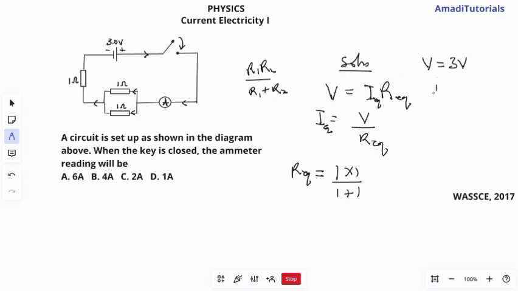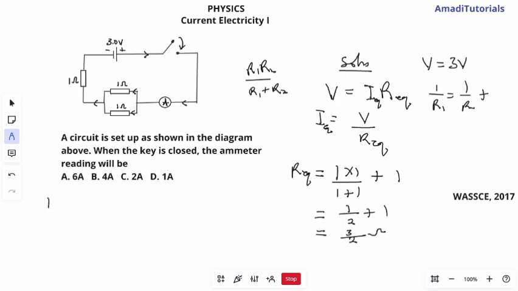If there are more than two resistors, you do 1 over R equals 1 over R1 plus 1 over R2, like that. So here we analyze this parallel, then plus the 1 here. So this will be equal to 1 times 1 divided by 2, plus 1. So LCM is 2, that will give you 3 over 2 ohms.